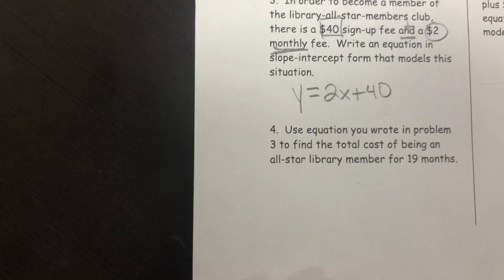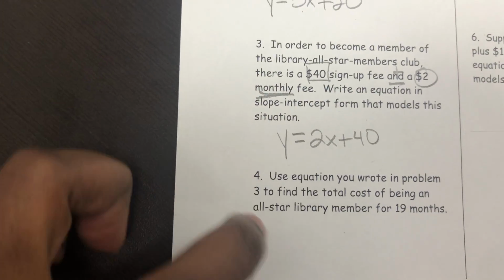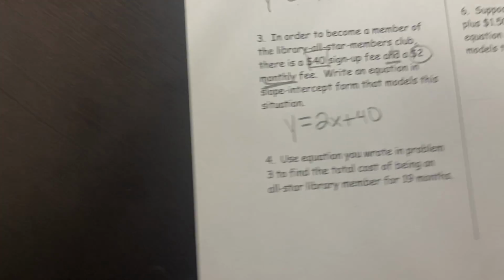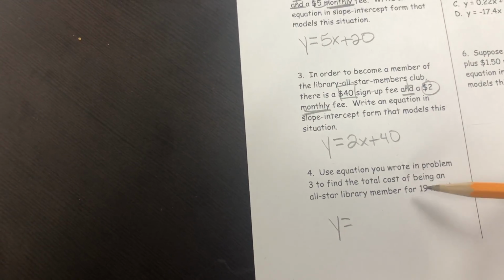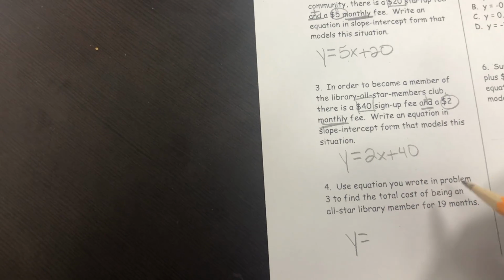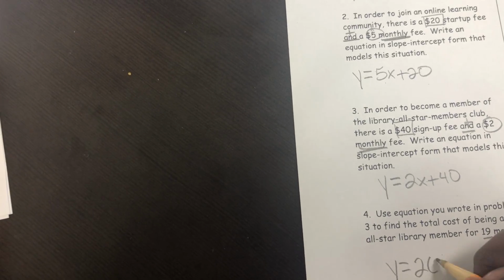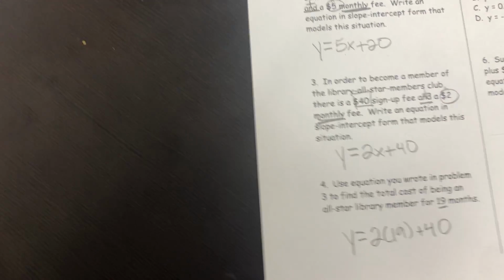All right, now number 4 says, use the equation that you wrote in problem 3 to find the total cost of being an all-star library member for 19 months. So we're going to have to take this equation, kind of cut and paste it right here. But instead of it having an x there, they want you to plug 19 months in. So 2 times 19 plus 40.